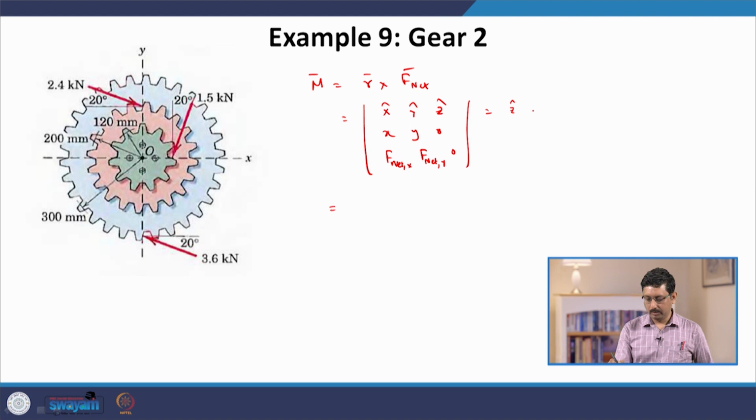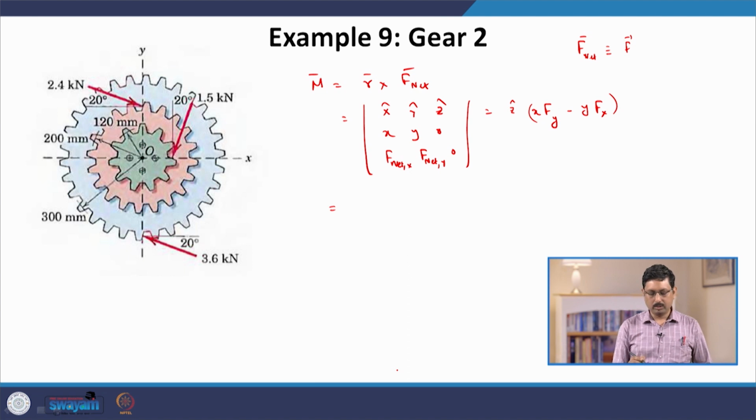So, the z component would be x times f y minus y times f x. I have simplified f net to f, omitting the index net to reduce writing.